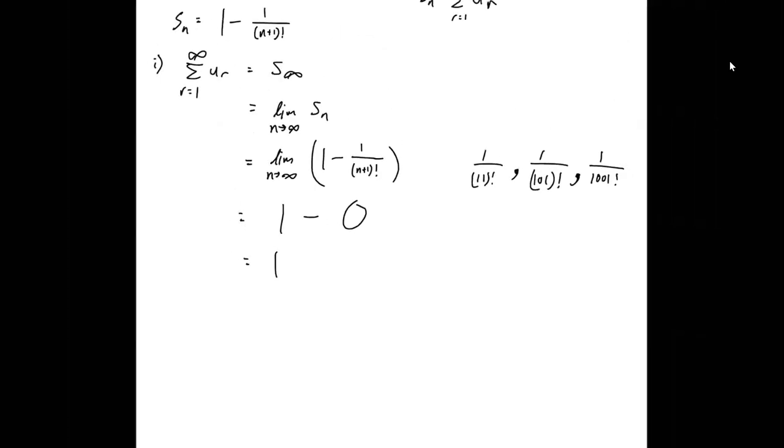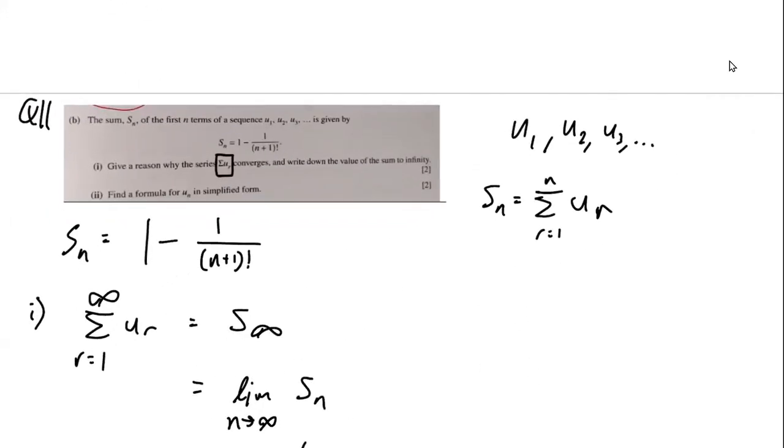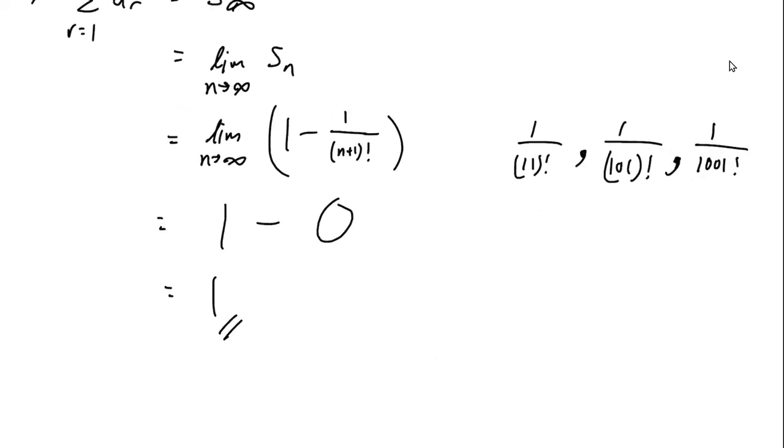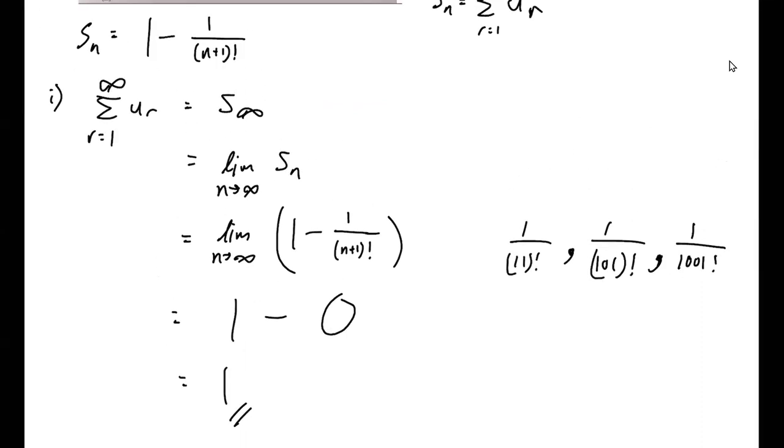Okay, so let's read the question. Give a reason why the series converges and write down the value of the sum to infinity. You can just give them the sum to infinity and say that as n tends towards infinity, you need to explain this key step where this fraction goes to 0.